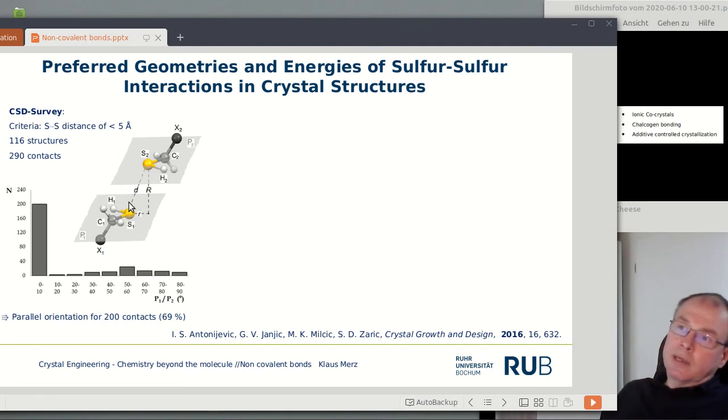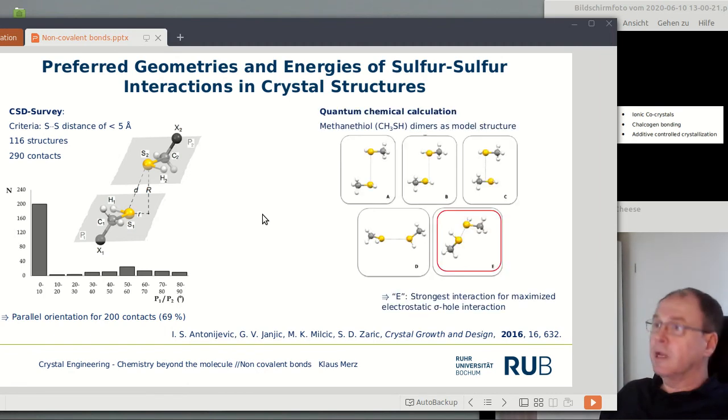And what we see very clearly is that around 70% of all contact pairs, 200 pairs, were found with parallel orientation. And when we said, okay, have a look at the energies, try to calculate what should be the preferred geometry, we made quantum chemical calculations.